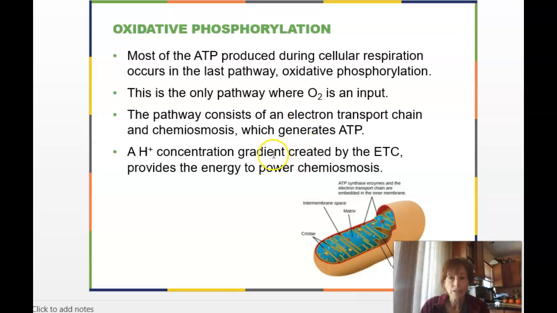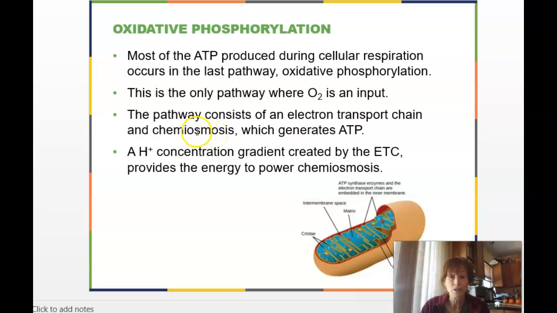So this pathway is going to create this kind of a chain of different carriers passing things along, and then ultimately creating this ATP through something called chemiosmosis. Now you know what osmosis is because we've seen it already, right?